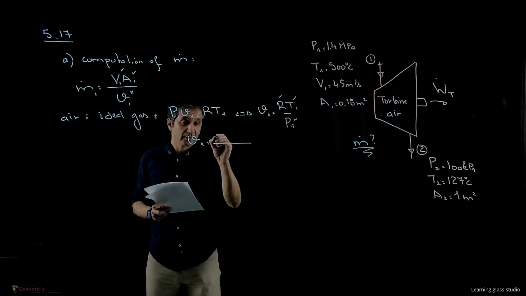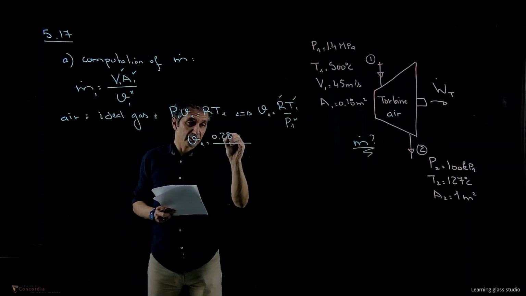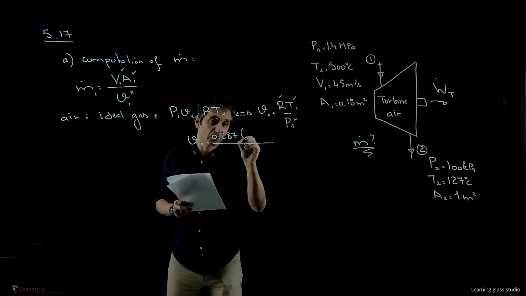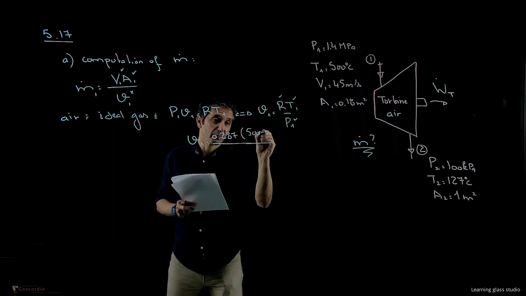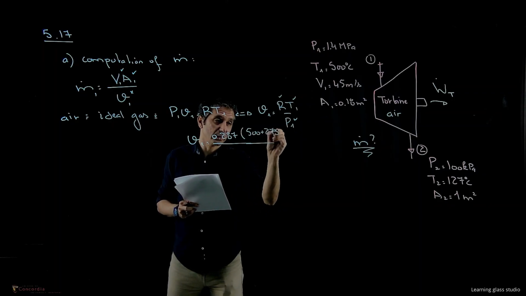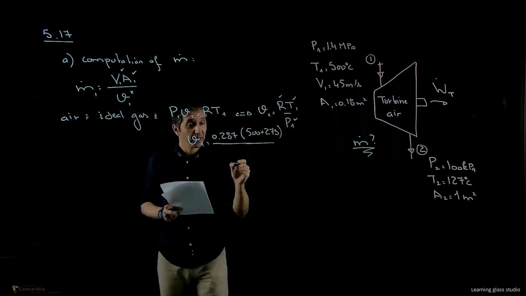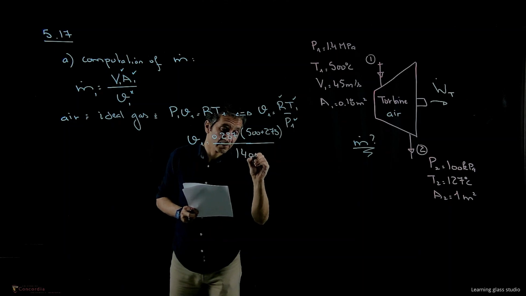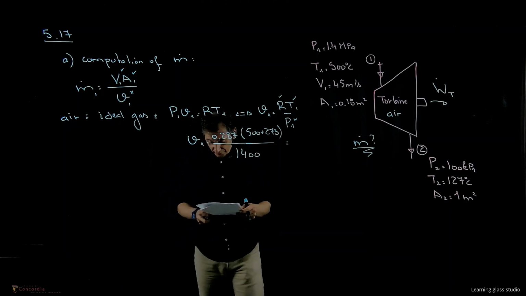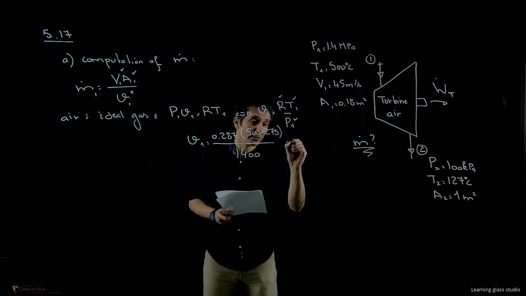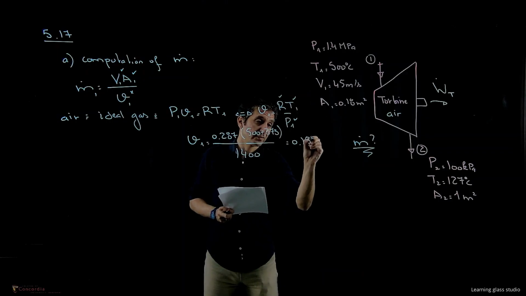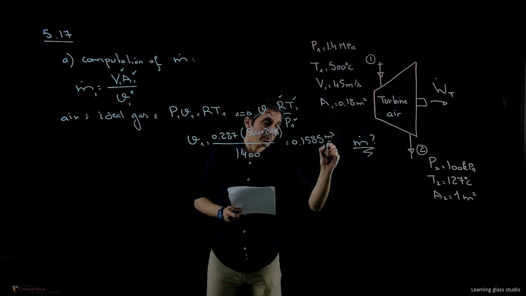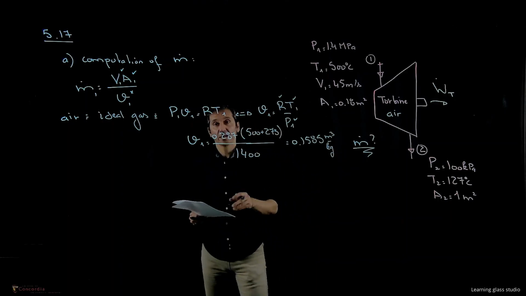Our gas constant is 0.287, cross the temperature, this is our 500 plus 273 to convert it to Kelvin, and divided by the pressure here in kilopascals. And this will give us a specific volume v1 is equal to 0.1585 cubic meters per kilogram.